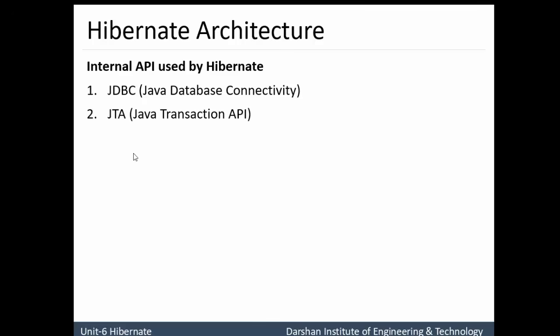Java Transaction API, which aids database transactions. And JNDI, Java Naming and Directory Interface, which differentiates the application programmer from the application deployer. So the application deployer need not worry about the name of the database, name of the table, and name of the column due to the JNDI interface.